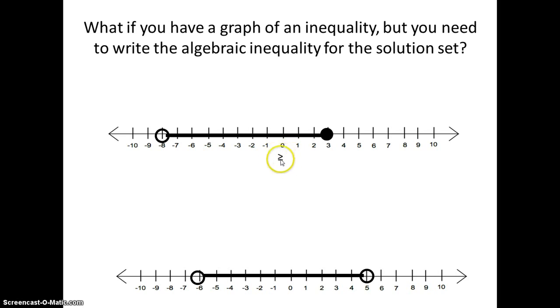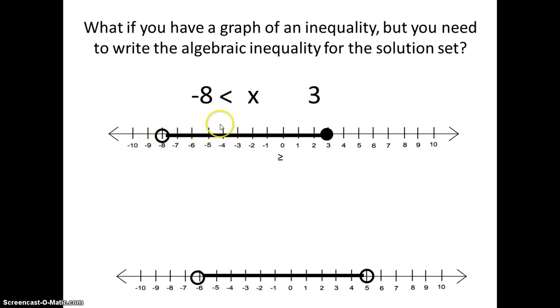Ignore this symbol. I think it's just an extra thing on the slide. Okay, so -8 is on the left, and 3 is on the right, and x lies in the middle. The relationship between -8 and x is that x is larger than -8, and -8 is not equal to x.